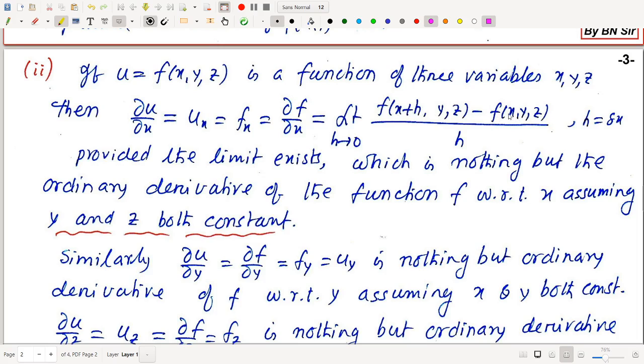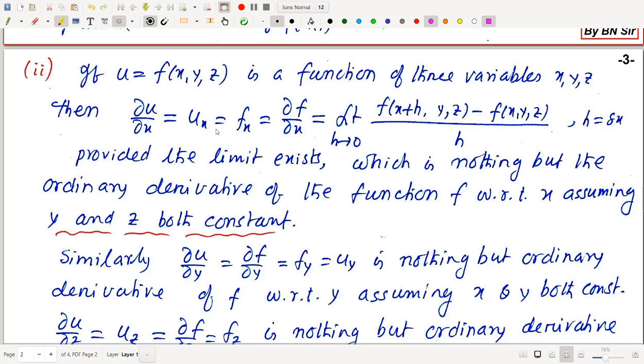See, y and z are not changing, only x is changing. The changed value of x is x plus h, the original value is x. Provided the limit exists, of course, this is nothing but the ordinary derivative of the function f with respect to x, assuming both y and z constant.